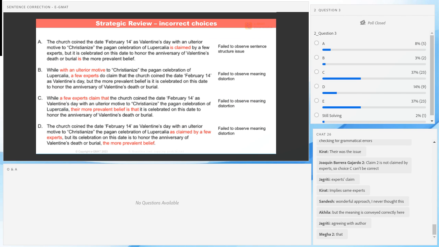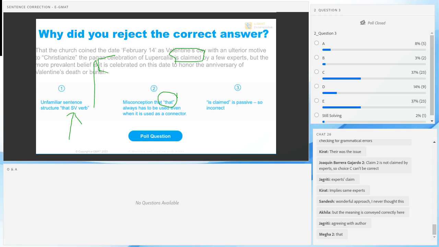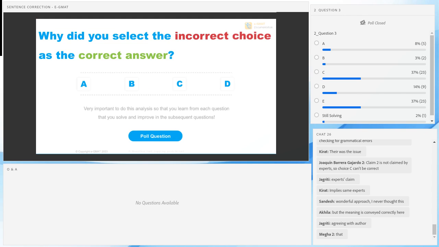So again, people reject this choice for three different reasons. You may have rejected it for any one of these three reasons, or maybe more than one of these reasons. But again, these are all misconceptions.